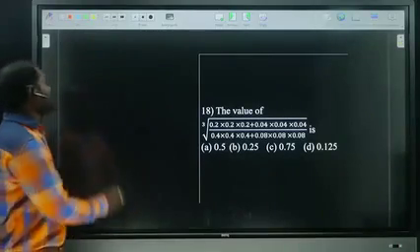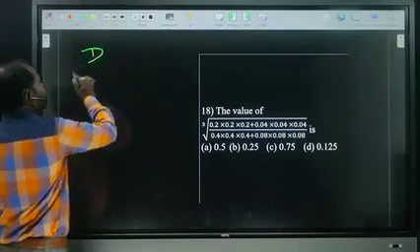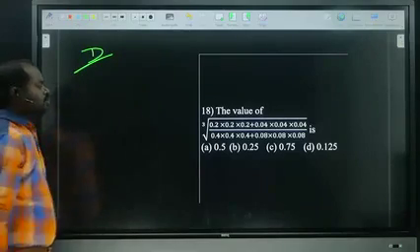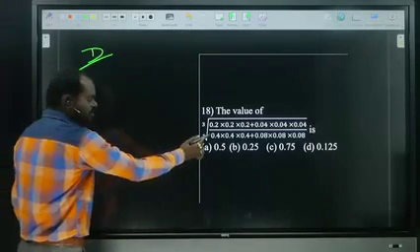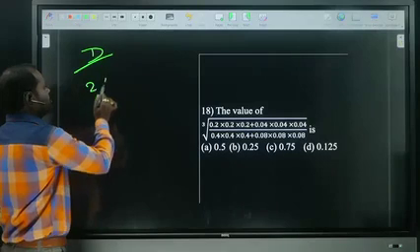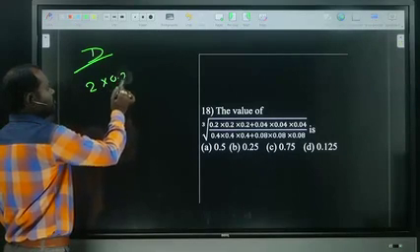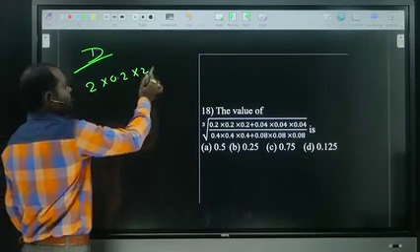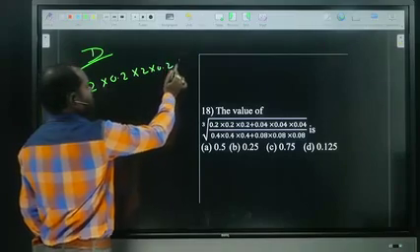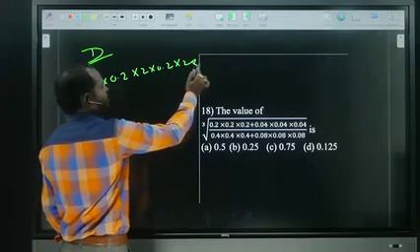Now I am talking only about the denominator. This 0.4 I can write as 2 into 0.2, the next 0.4 as 2 into 0.2, and the next one also 2 into 0.2.